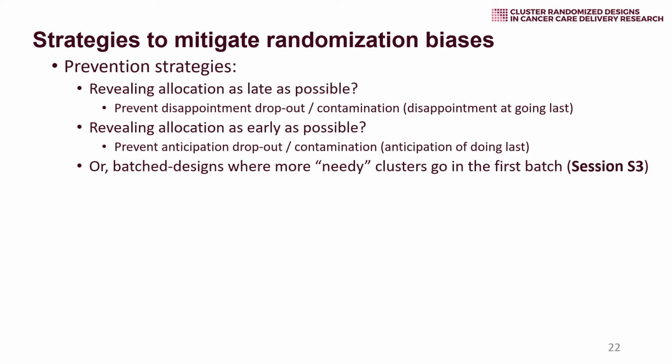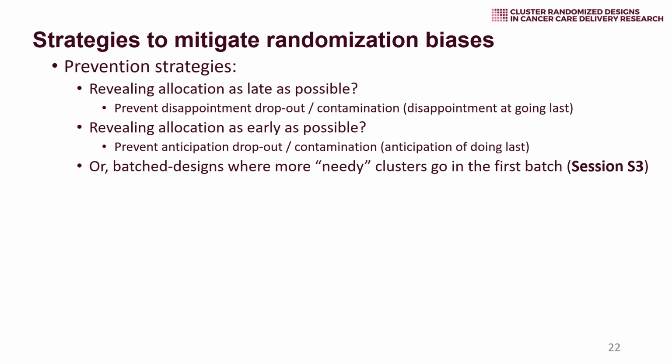So there are prevention strategies to minimize these types of biases. One prevention strategy might be, for example, to reveal the allocation as late as possible. This would prevent potentially disappointment at going last. But it might also be possible that it might be better to reveal the allocation as early as possible.